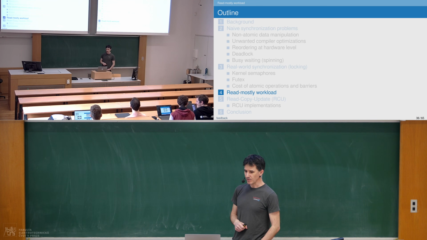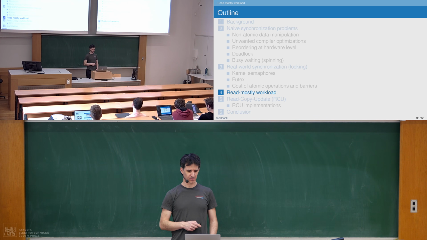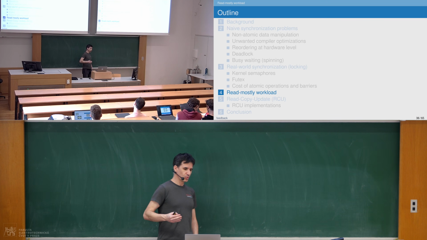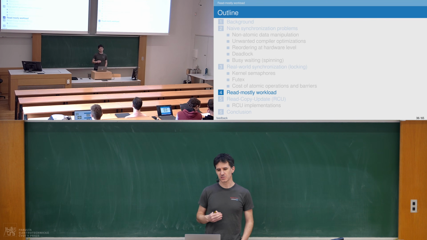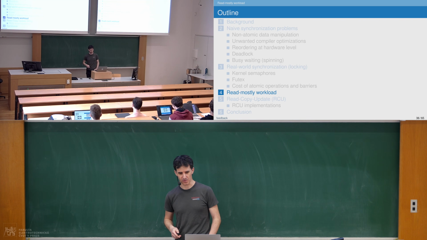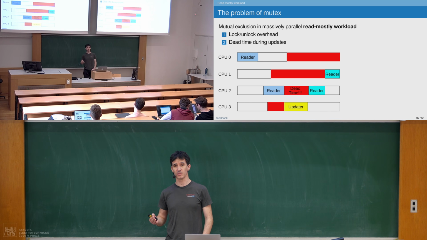Now we will look at a special kind of workload which is quite common nowadays and which allows us to highly optimize the synchronization behavior. This workload is called a read mostly workload.